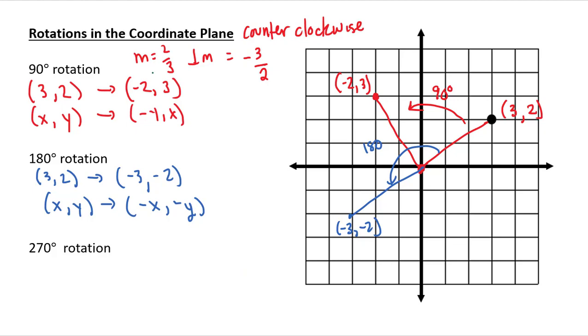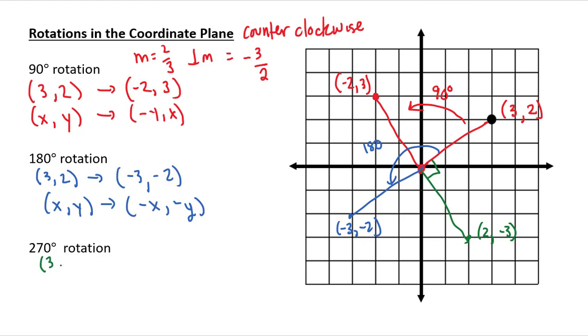Now a 270-degree rotation was this one over here that I tried to draw before. So I basically need another 90-degree angle in here. If I make a 90-degree angle here, so if I go down 3, and then right 2, that gets me the point 2, -3.